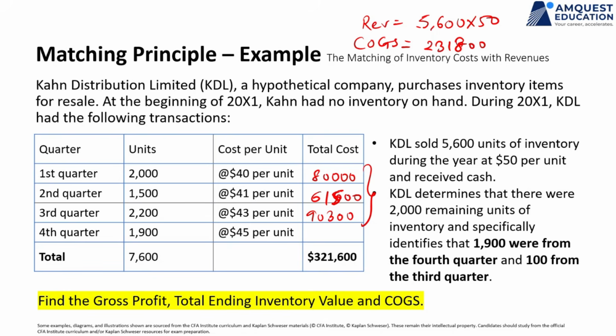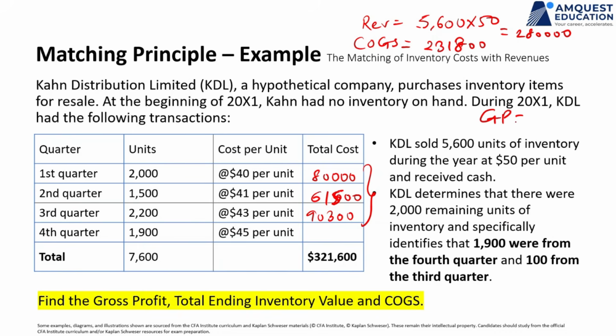So the gross profit automatically is this minus the cost of goods sold. The gross profit is 280,000 minus 231,800, which is 48,200.